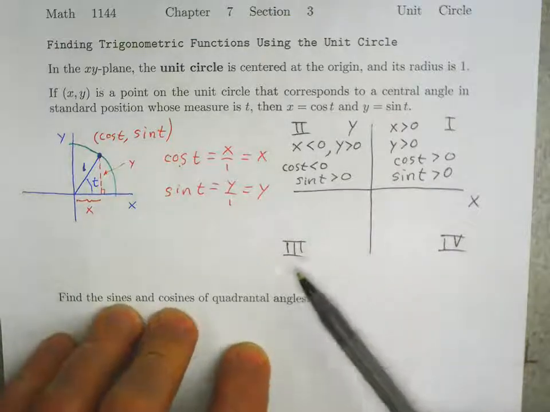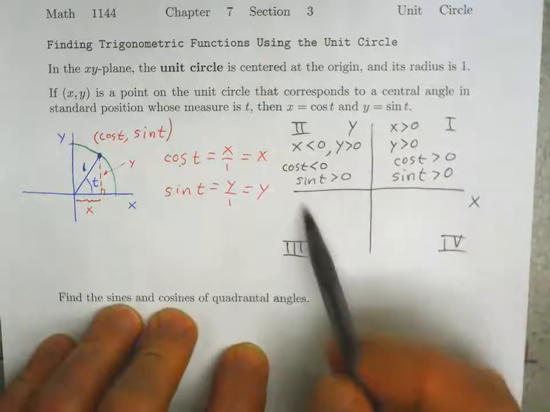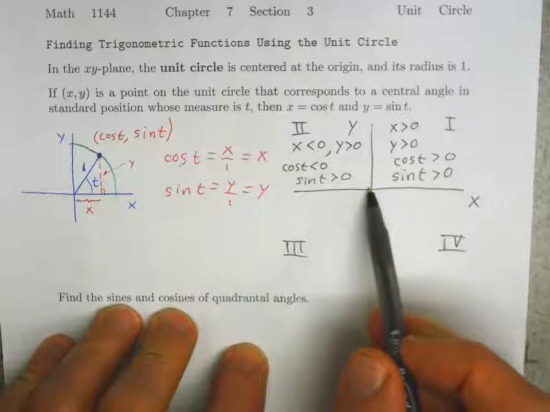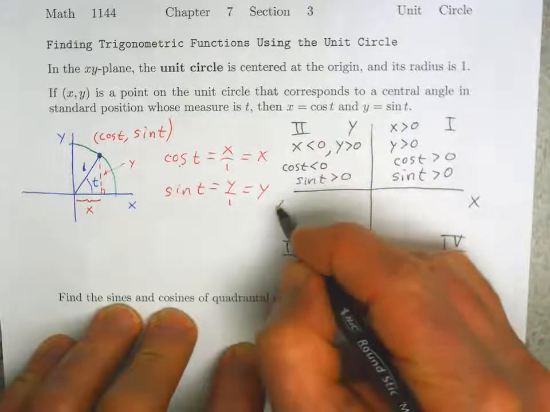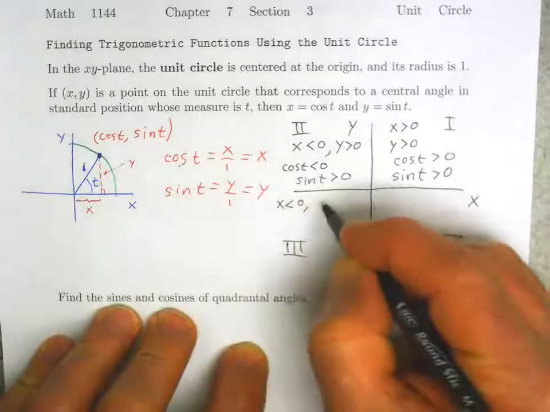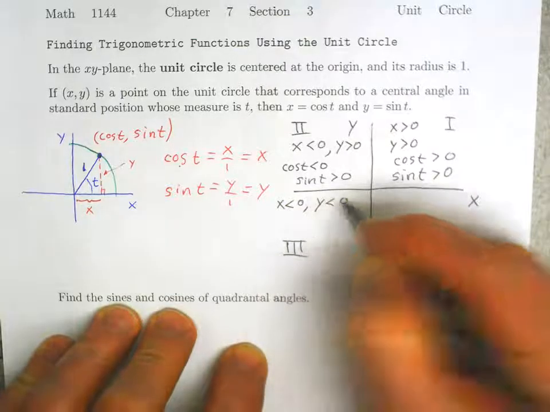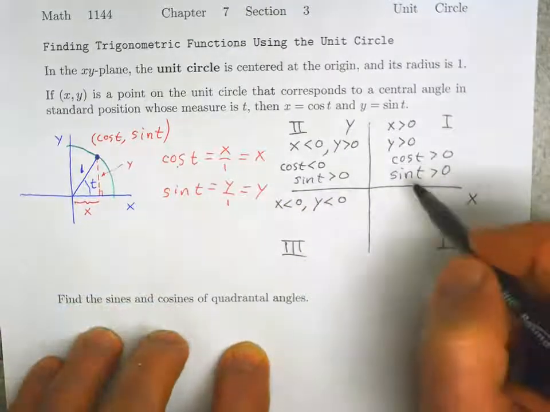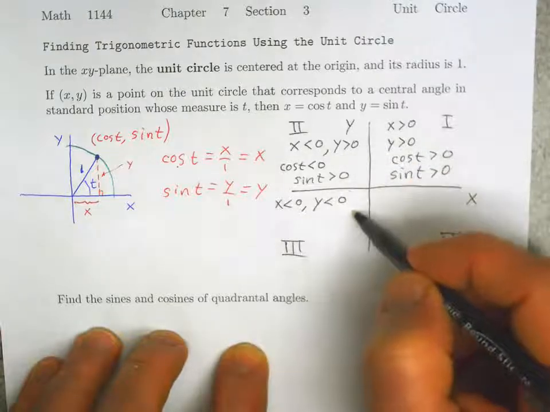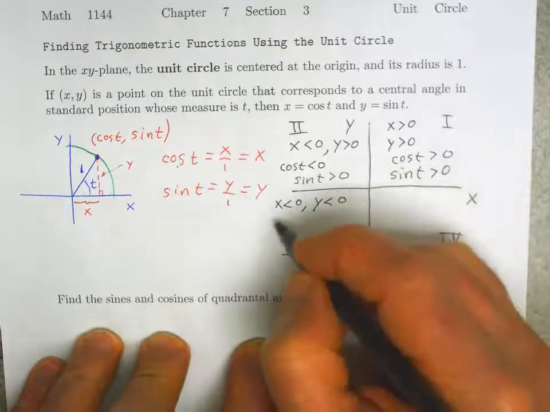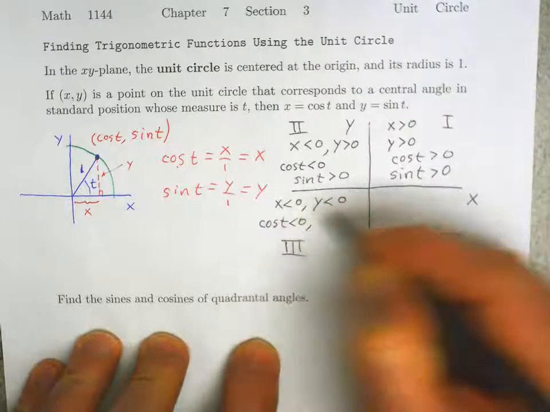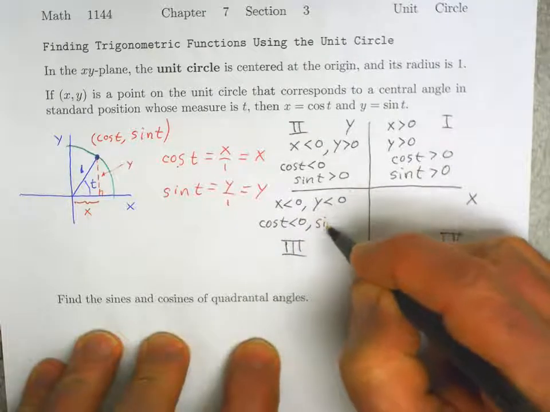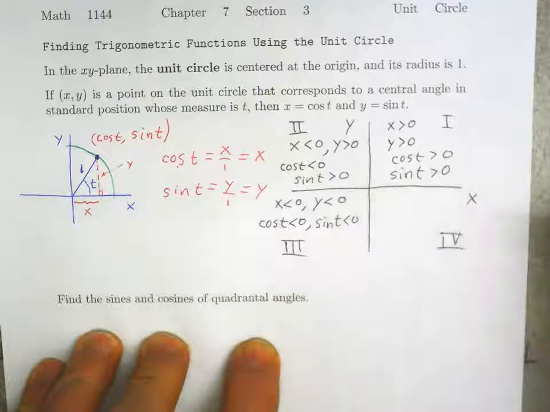So we'll just do a couple more of these. In the third quadrant, well, the x-coordinates are negative and the y-coordinates are negative, so x is less than 0 and y is also less than 0. So if you have a terminal angle in the third quadrant, then the cosine of that angle is negative, and the sine of that angle is also negative.